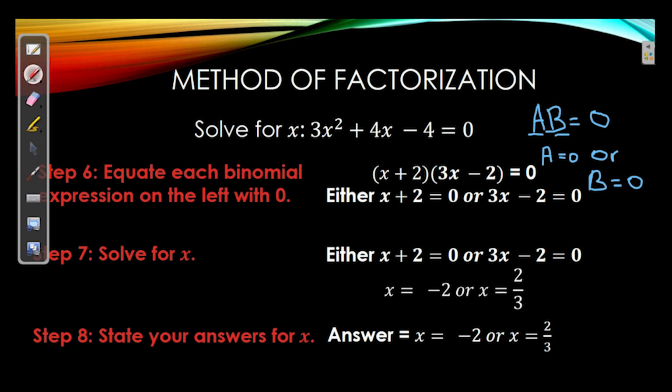And from here, what we're doing is attempting to make x the subject in both of these two expressions. Now, I want you to pay attention to the fact that by putting a binomial factor equal to 0, what we in fact created here is a linear equation, something that you have met before. This is prior knowledge, being able to solve a linear equation.